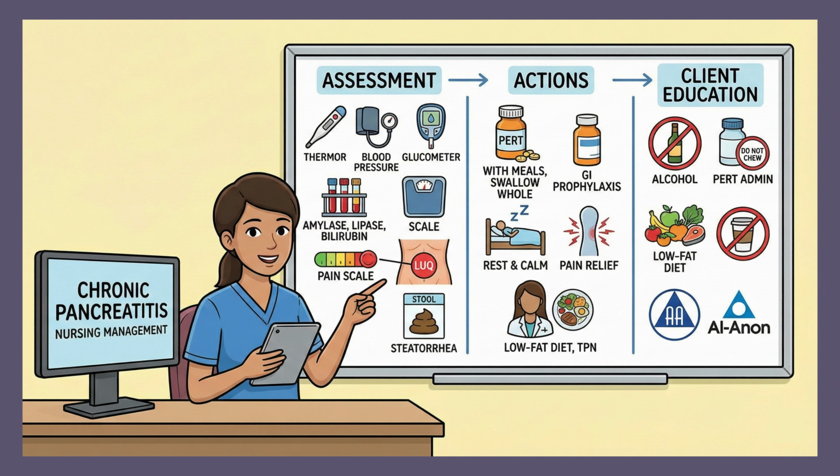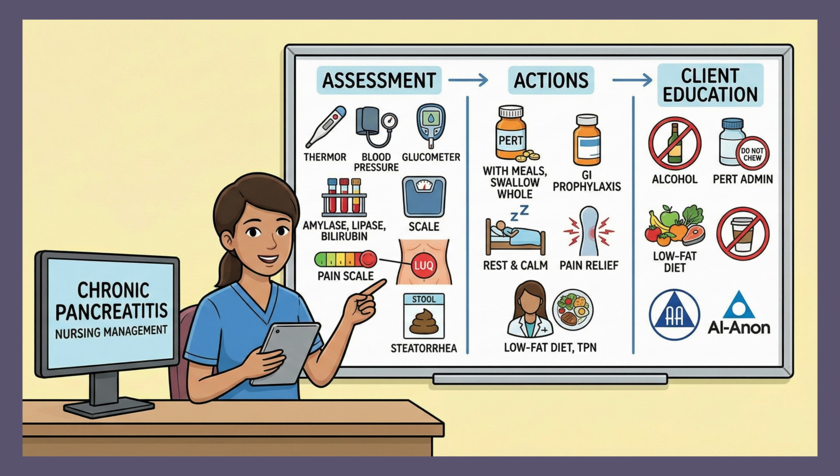Chronic pancreatitis nursing management involves ongoing assessment of vital signs, which may elevate during pain exacerbation, serum blood glucose level, amylase and lipase levels, bilirubin and alkaline phosphatase, and client weight.